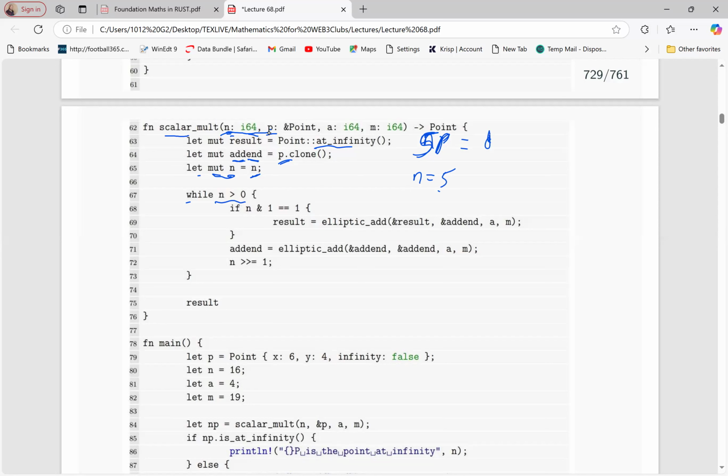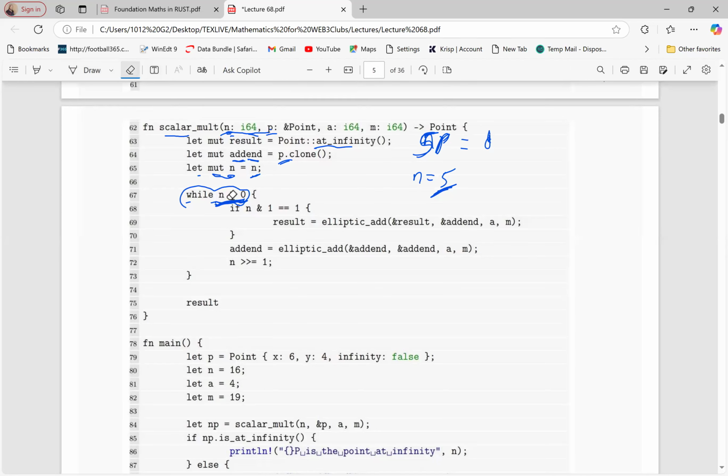So we want to go with it until this condition is not met. We begin by n being 5. Then it has to change until this condition is not met. When this condition is not met, we get out of the loop. So we are saying while n is greater than 0, then we enter the loop, and we remain there until the condition is not met.